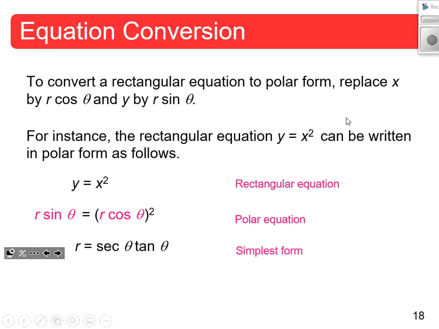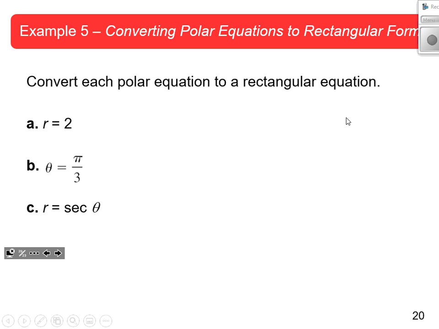Now we talk about it with equations. Really, we're replacing x and y with r cosine and r sine. And we really want to finish it up with r being by itself. So r equals 2. We can convert back into these overall equations.